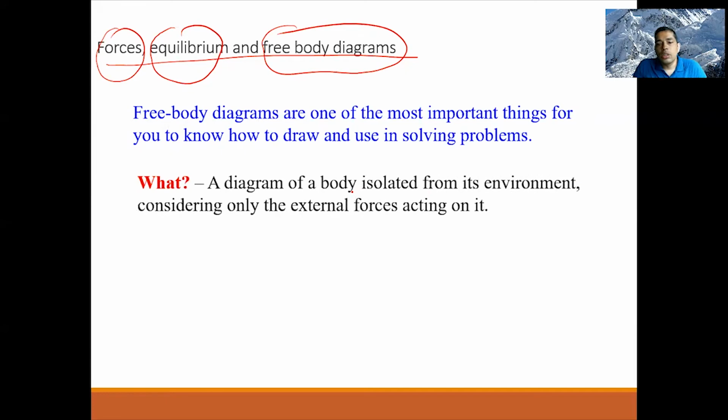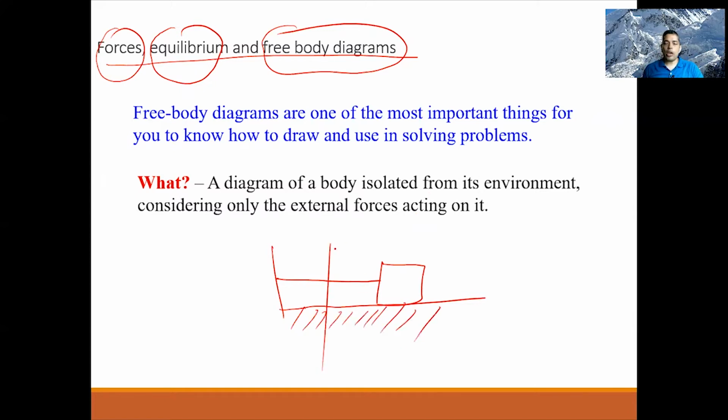All right. So why is it called a free body diagram? Free, because suppose you have an object here connected to something by a rope, and this object is on a surface like this. You cut the rope and make it free. So it is a diagram of a body isolated from its environment.